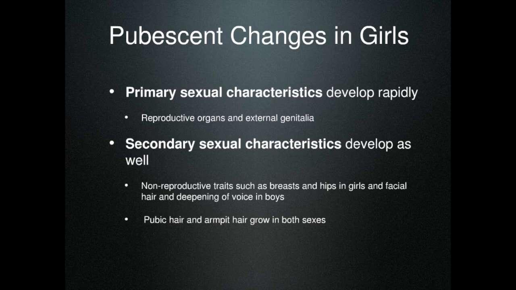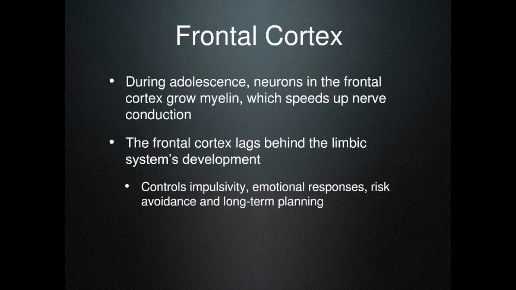The primary sexual characteristics are the parts of the body that are directly involved in reproduction, whereas the secondary characteristics are really what we determine the difference between a boy and a girl is, kind of the outward expression of that. But they're not directly involved in reproduction. So it's what you could use to tell the difference between a boy and a girl, but things that are not directly involved in reproduction.